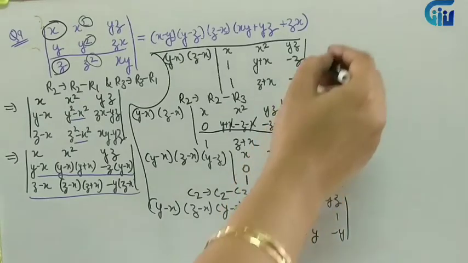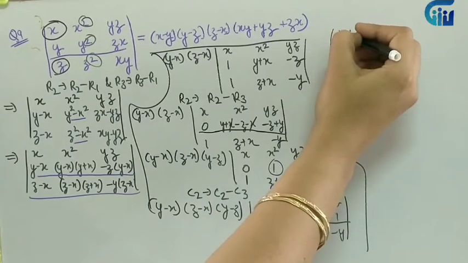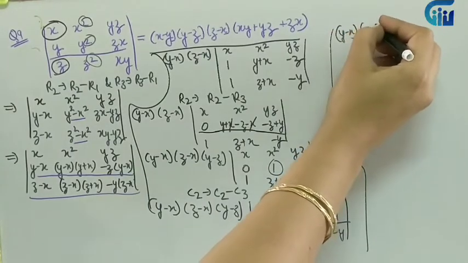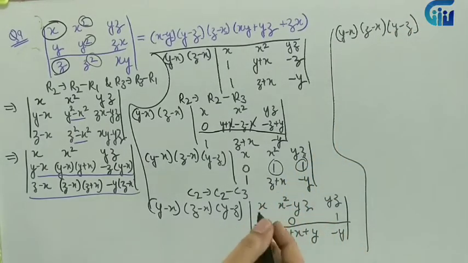So now let's see what we are getting. So now what I'll do, I have 2 zeros along this. So again I'll expand keeping in mind the sign notation. So if I expand, let's see what do we get. We will get y minus x, z minus x, y minus z. I'll write, what was the sign notation?